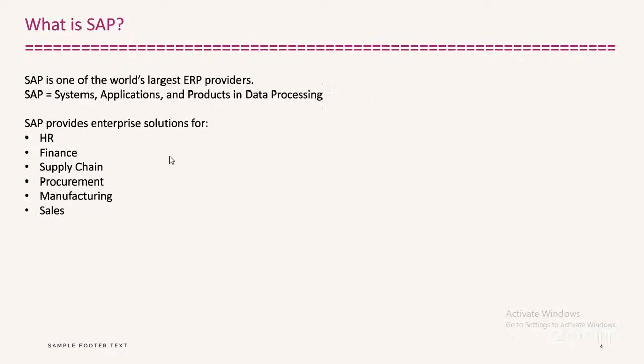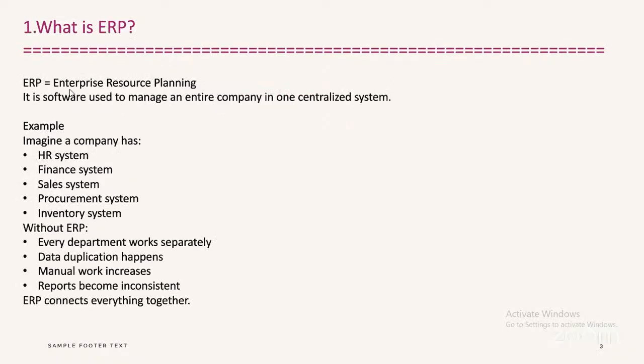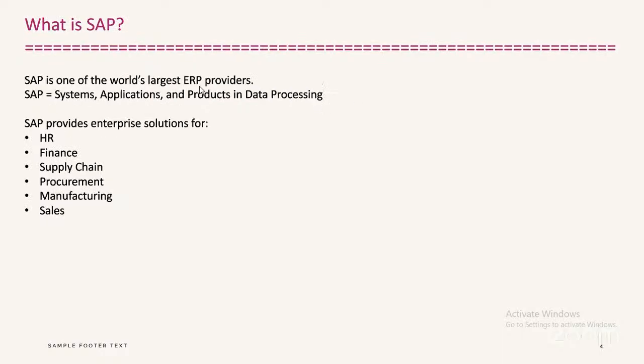Now we'll go through what an SAP system is. SAP is the world's largest ERP system. ERP connects the entire company into one centralized system, and SAP is an ERP system which connects every system in a centralized way. The full form of SAP is Systems, Applications, and Products in Data Processing.